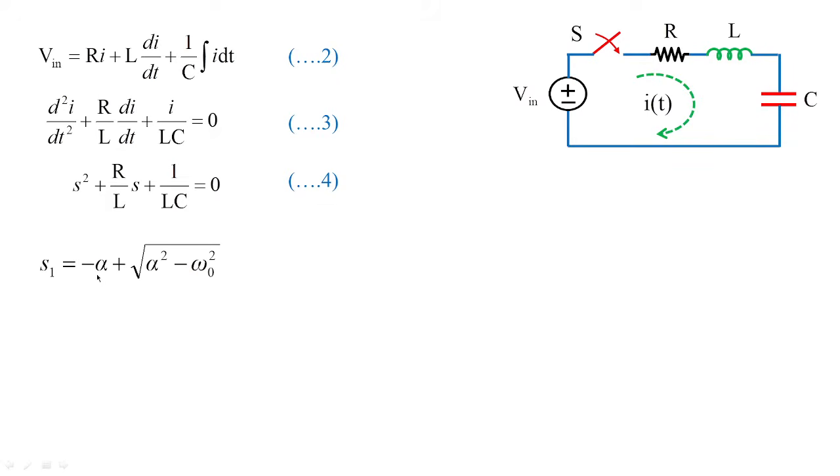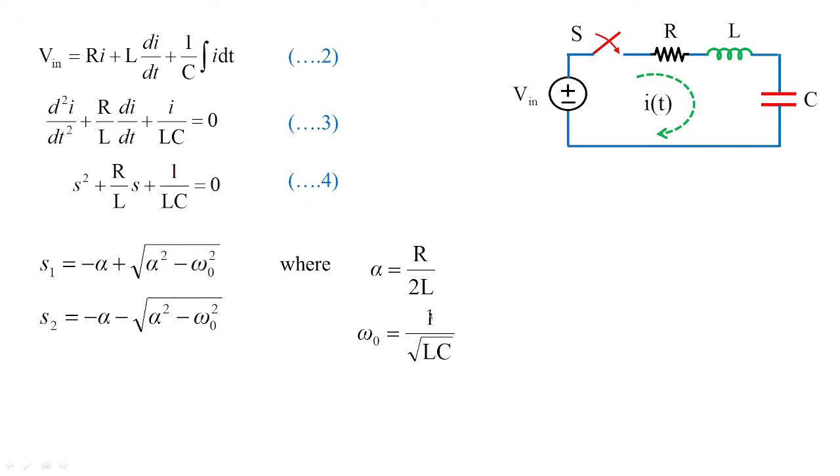Then we have found the roots as S1 and S2, where alpha is nothing but R by 2L and omega naught is equal to 1 by under root LC. And the solution in general will be given as K1 e to the power of S1t plus K2 e to the power of S2t. This we have already seen in our transient analysis class 11. You can check that video.